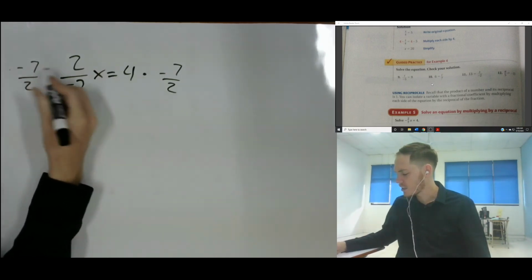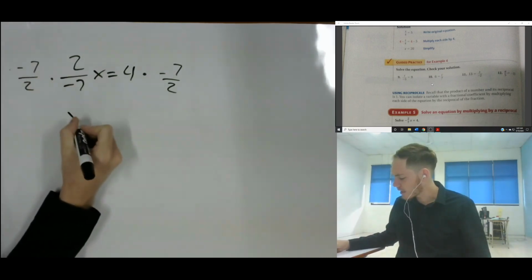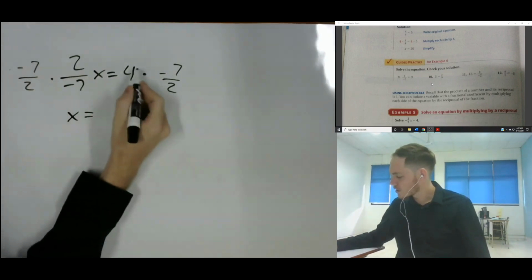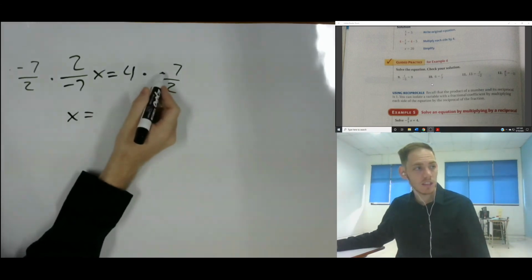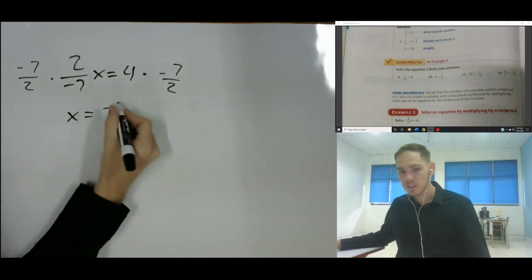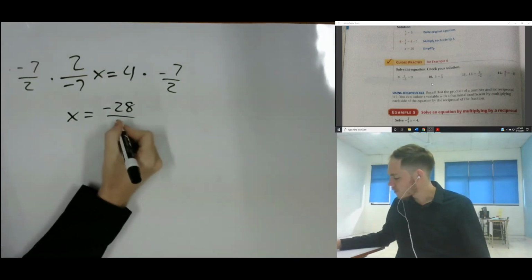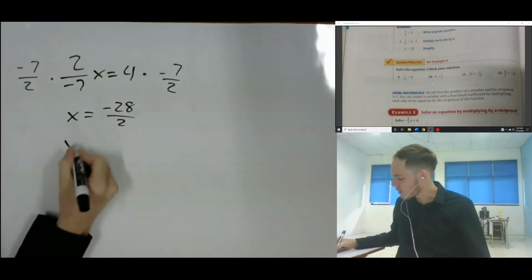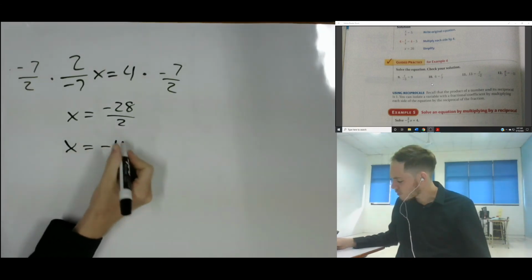That cancels out here, so then we get x equals negative 7 times 4, which is 28, divided by 2. So negative 28 over 2, which becomes x equals negative 14.